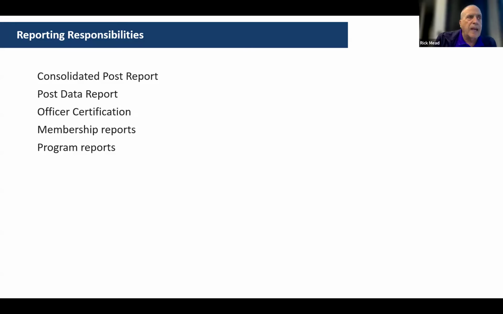So those are important dates for every post adjutant to know about. I know that Virginia's got both of those sheets tacked up on the back of her wall in her office, and I go and review those frequently, just to keep track of what's going on with those.